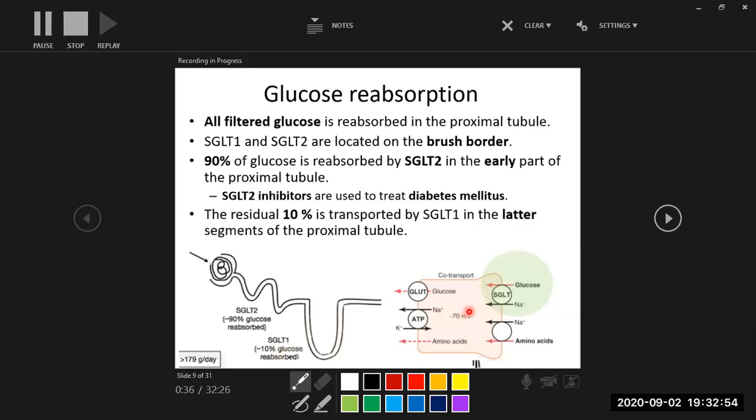That provides the driving force of the sodium diffusion back into the cell. And that concentration gradient provides the energy needed for the sodium glucose co-transporter. Glucose gets transported back into our cell. So that is the major function. Our body reabsorbs the glucose.